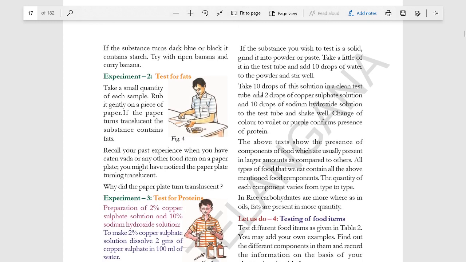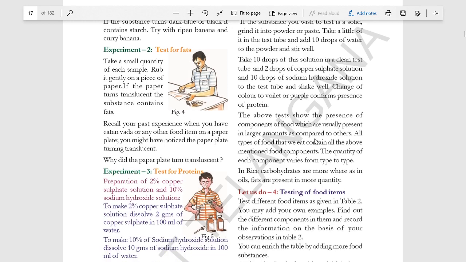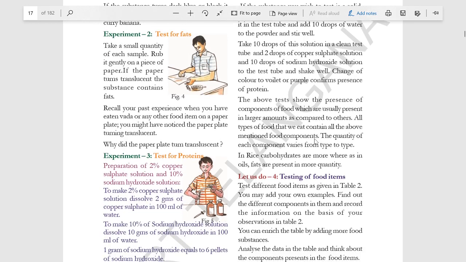So first we will powder the cereals or pulses, and then we add 10 drops of the copper sulfate solution and 10 drops of the sodium hydroxide solution to our powdered cereals or pulses.